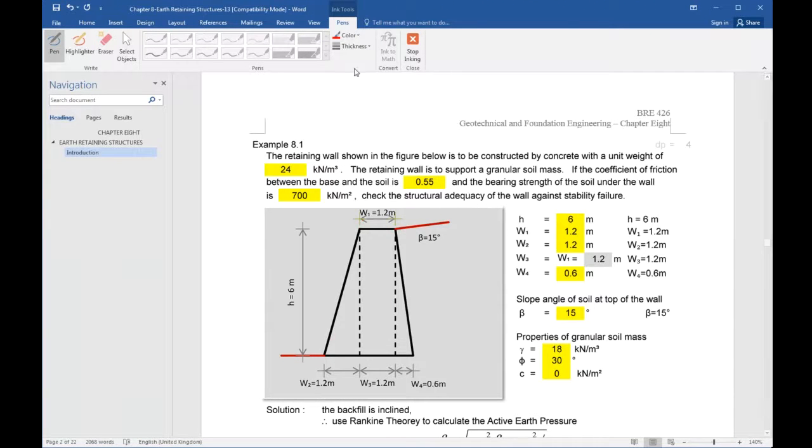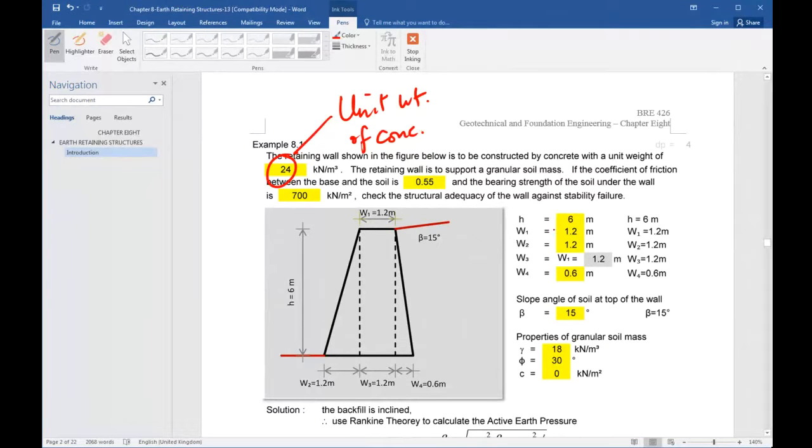Now, you have to check out several things first, right? What's this? The unit weight of concrete. Okay, unit weight of concrete.